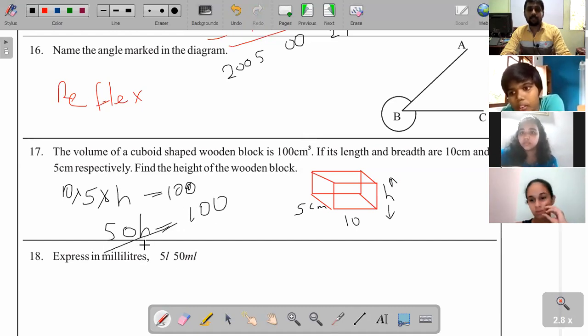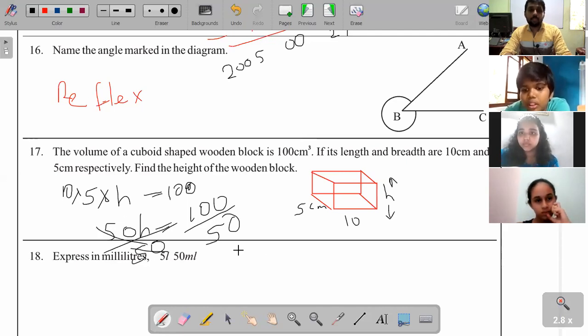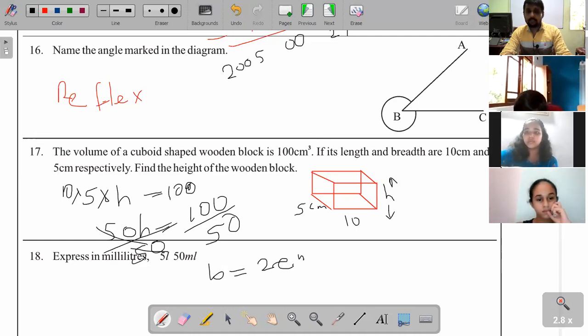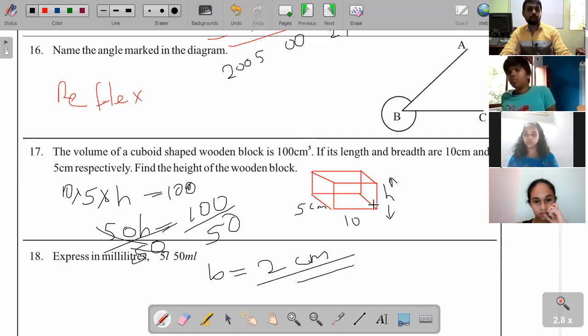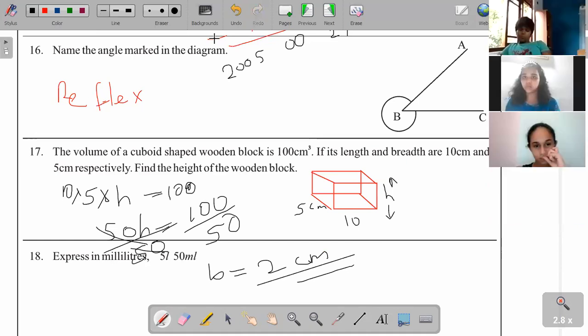Then on both sides you can divide by 50. 50 cancels. h equals, what is the answer? 2 centimeters. Right, that's the answer for this question.